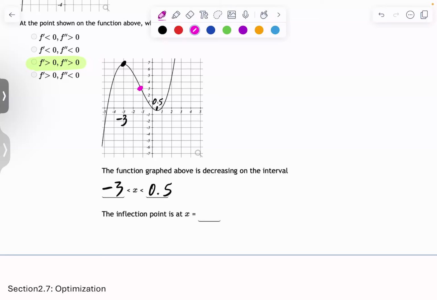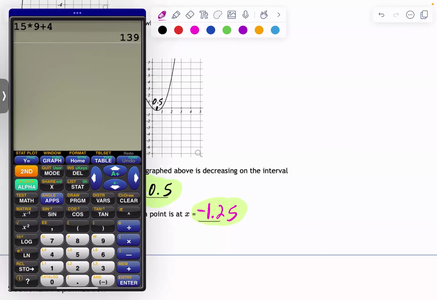I'm going to say about right there. Meaning it's going from concave downward to concave upward there. And that x value is a squishy one, I'll say -1.25. It's hard to tell since it's not right on it, but we can make a good estimate. Yeah, so that's the second derivative in concave up.